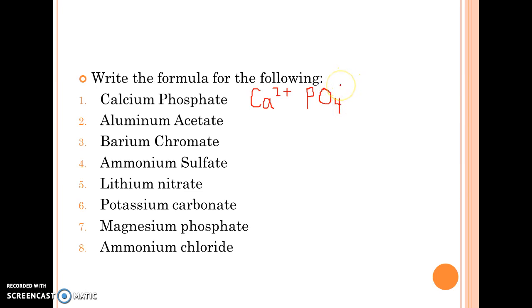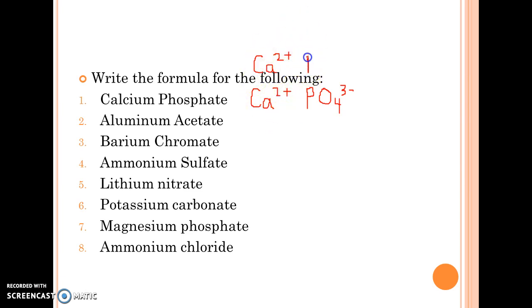Here, phosphate has a -3 charge. These charges do not equal 0, so we'll have to continue adding atoms to our formula until our overall charge equals 0. So if I add another calcium, now I have a +4 charge.